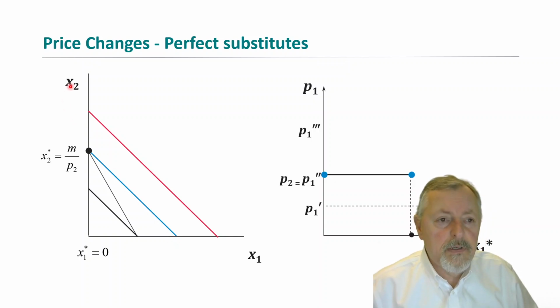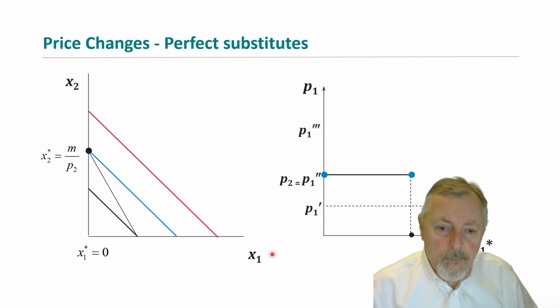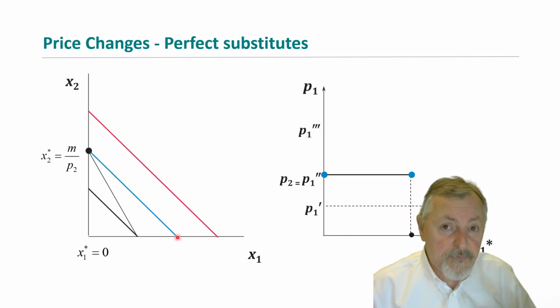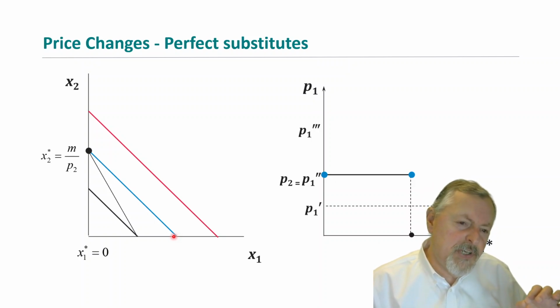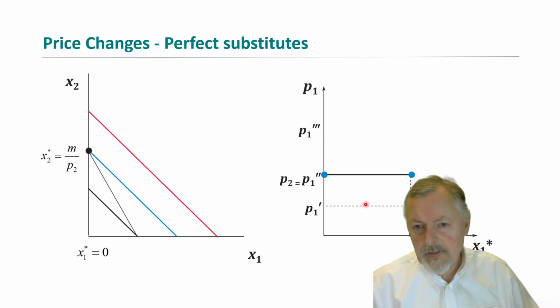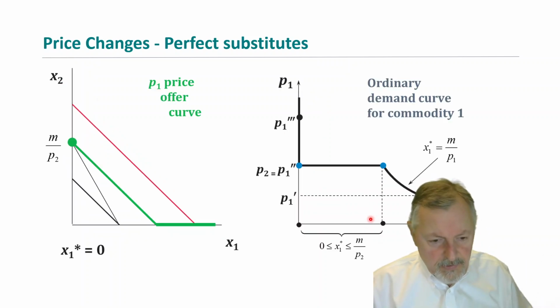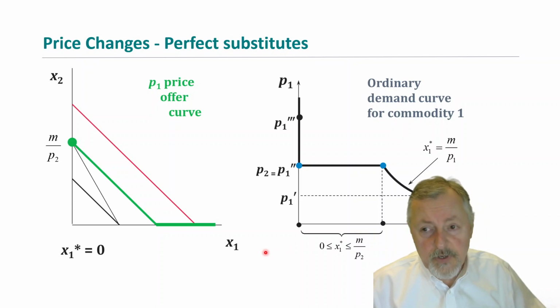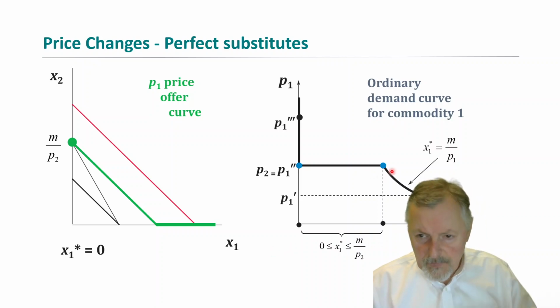At that point, you switch from buying only commodity 1 to, at this one exact price, you're indifferent, and the price goes up just a bit more, and you switch all to commodity 2, which is reflected here. And as the price of X1 goes up even more, you end up on this part of the segment.